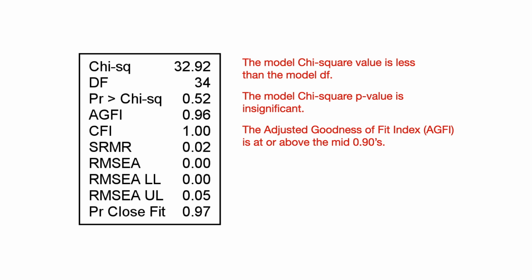The adjusted goodness of fit index, the AGFI, at 0.96, is at or above the midpoint nines. The comparative fit index, the CFI, with a value of 1.00 rounded to 2 decimal places, is at or above the midpoint nines.